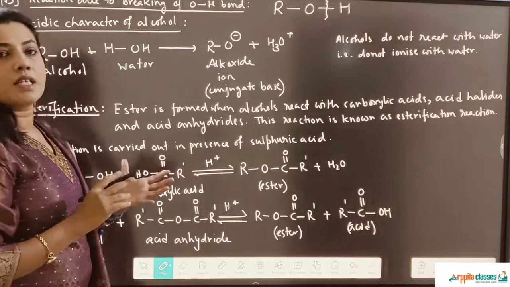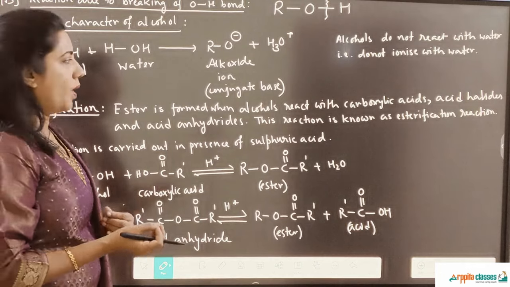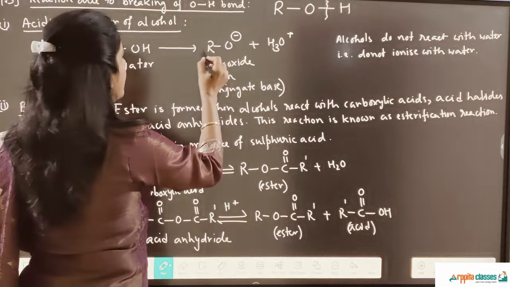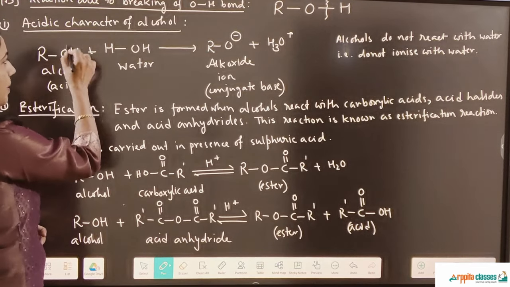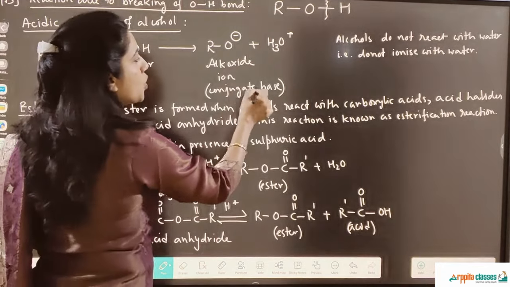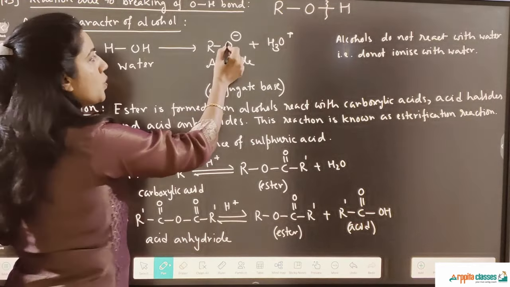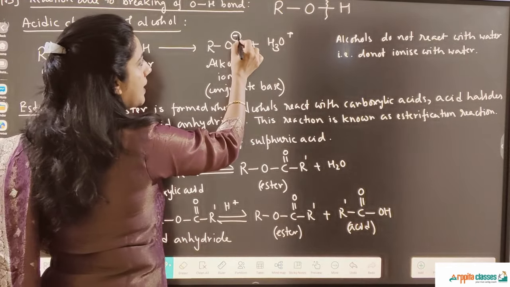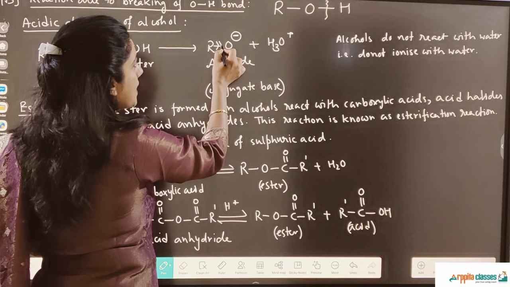Now, how feasible is this reaction, or how well will it go on? We can see that if this is acting as an acid, since it is giving H plus, therefore it is acting as an acid. So RO minus will be the conjugate base. Now see the stability of the conjugate base. The conjugate base is not stable because there is a minus charge on the oxygen, and this R group has a plus I effect.